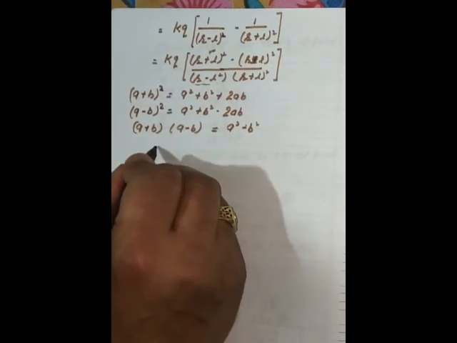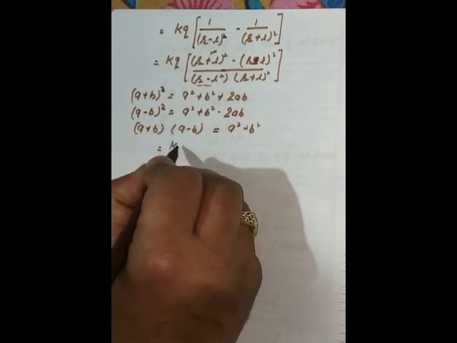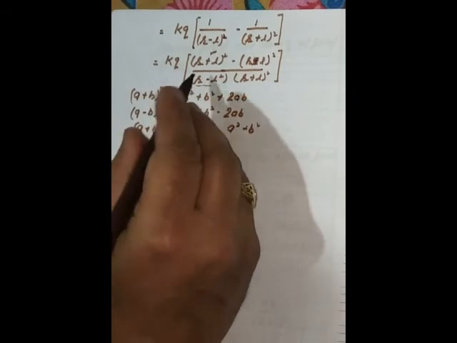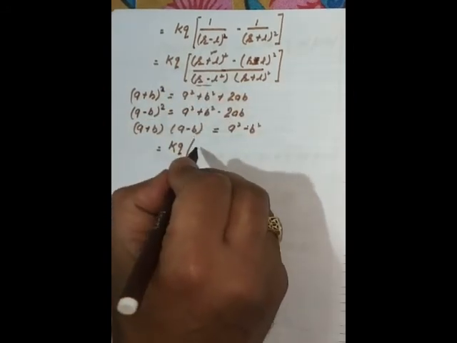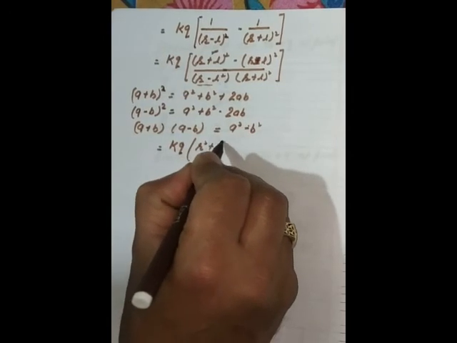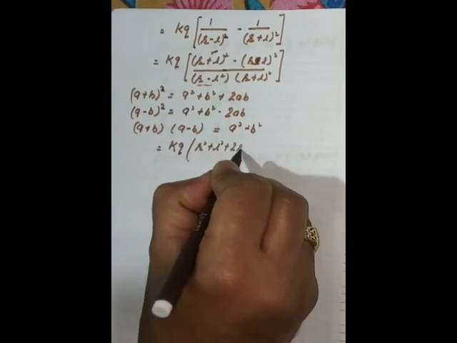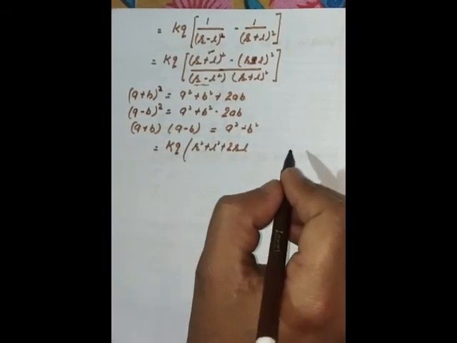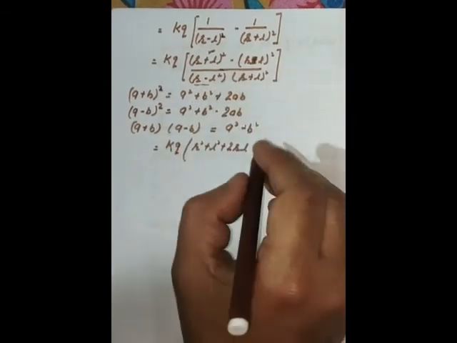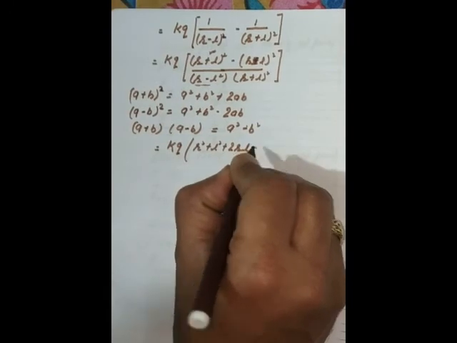So here you can write KQ, A plus B whole square, R square plus L square plus 2RL. Here is the negative sign in this one. Okay. So when you are opening, first you simply simplify.